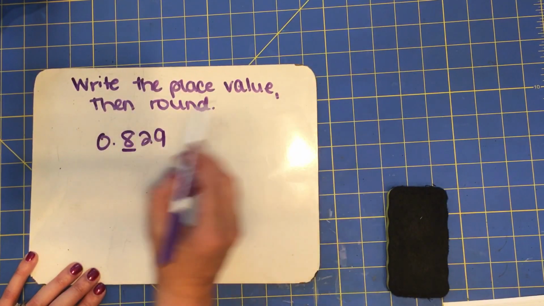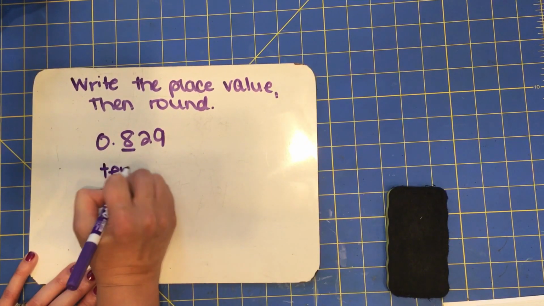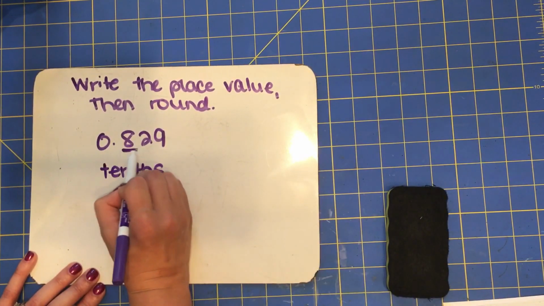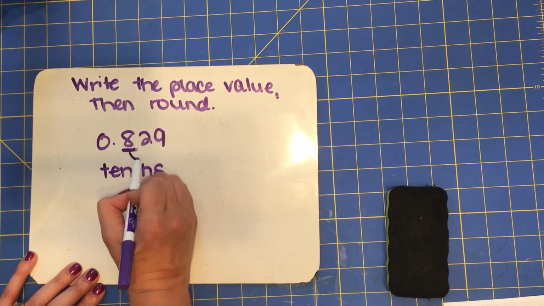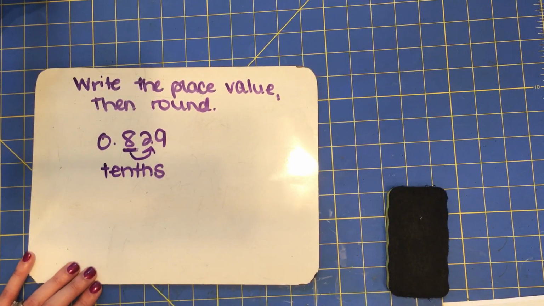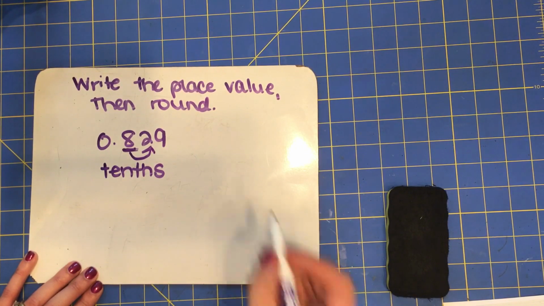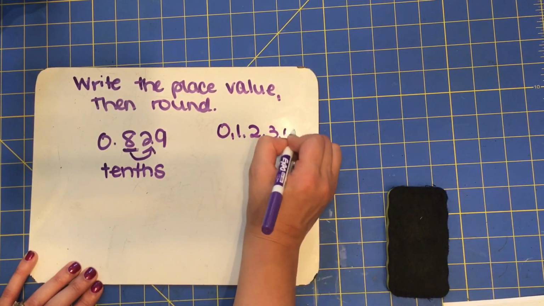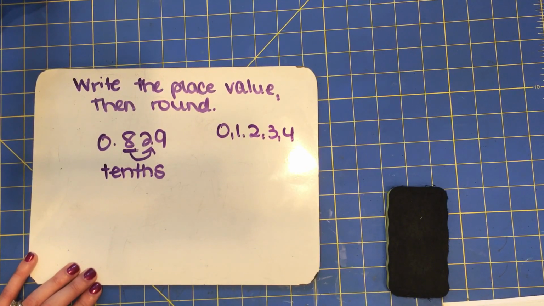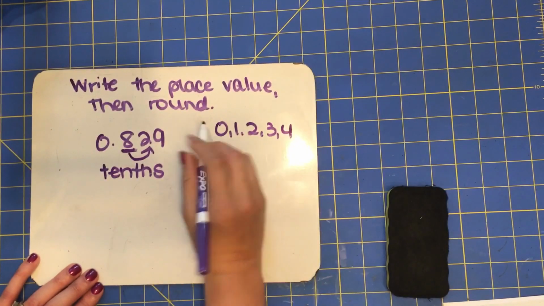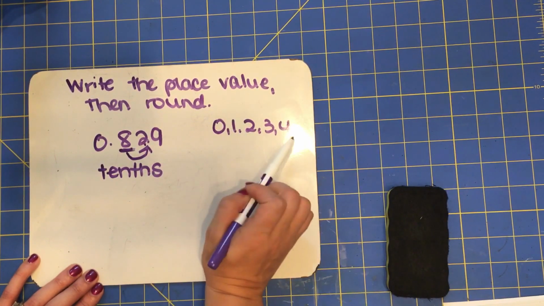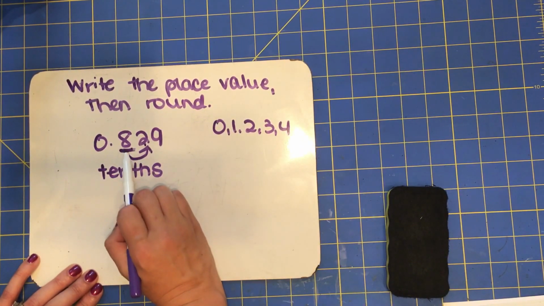If I had to write the place value that's underlined, then I write tenths. And then to round the number, I look at this underlined digit. I look directly to the right of it. And if this number next door is a 0, 1, 2, 3, or 4, I leave this underlined digit alone.